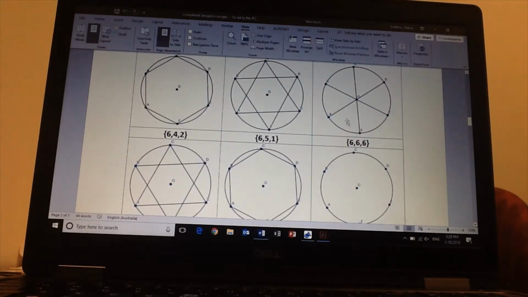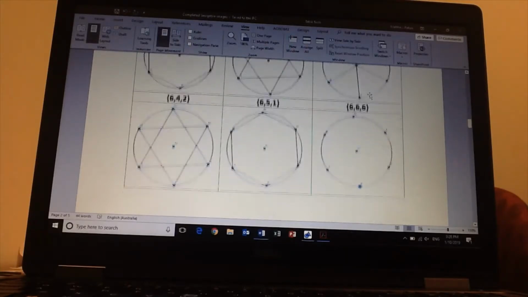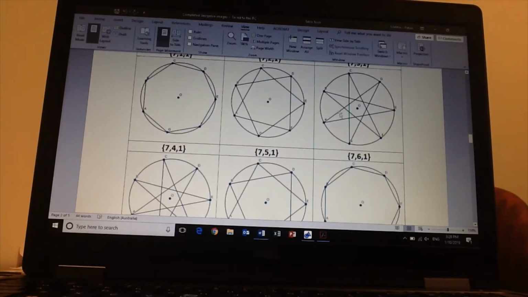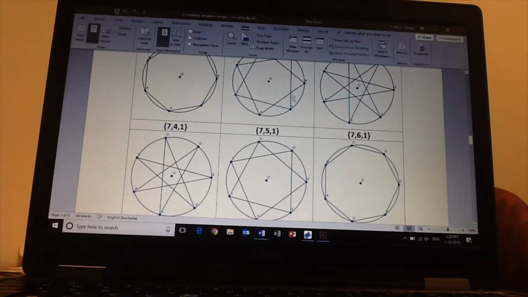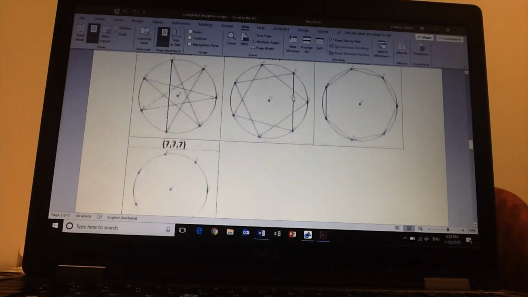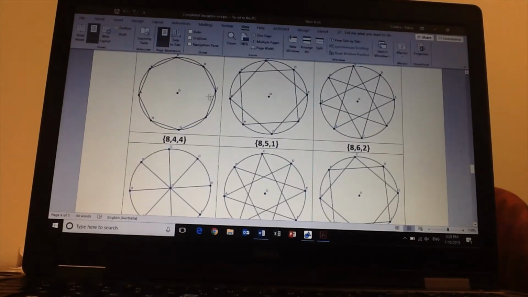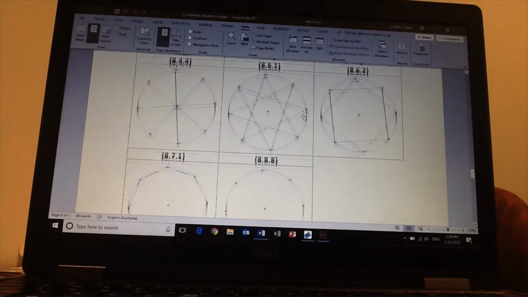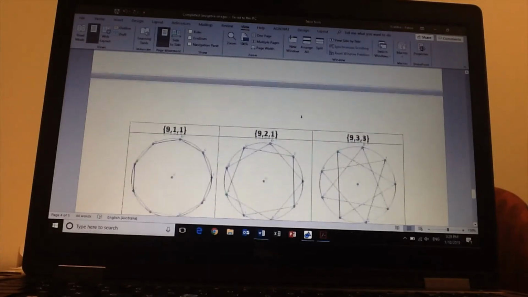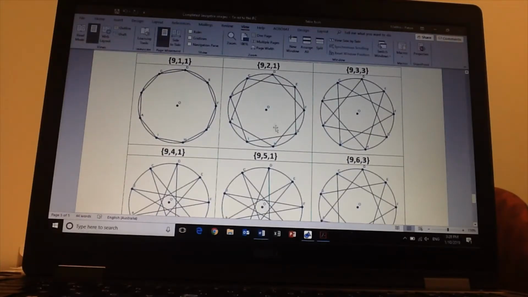Looking at a lot of diameters, and scrolling through 7 with the heptagon, hexagrams, range of different hexagrams, and back down to the no chords. 8 creates octagons, octograms, and so on, and 9 with the nonagons.